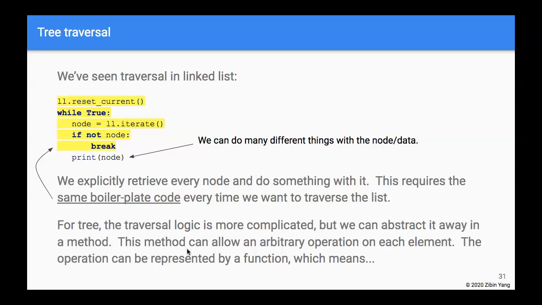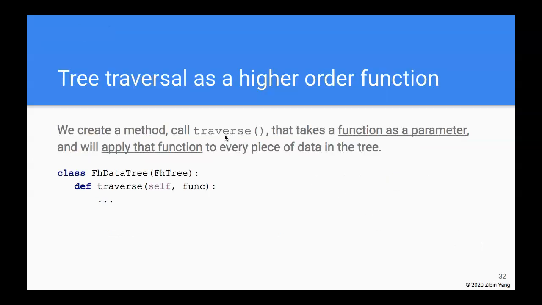What this method should allow, same as in the case of a linked list traversal, is some sort of arbitrary operation on each of the elements. Now, the arbitrary operation can be represented by a function. So that means that the traverse method is going to be a higher order function.